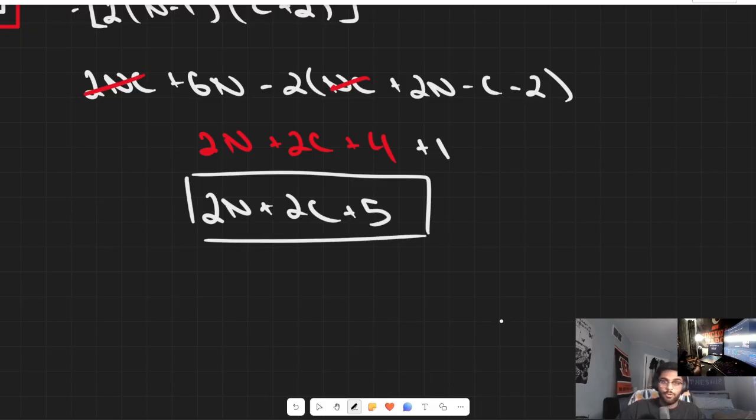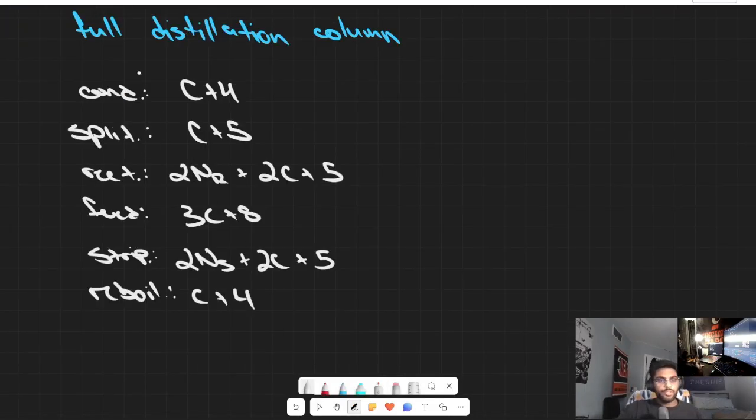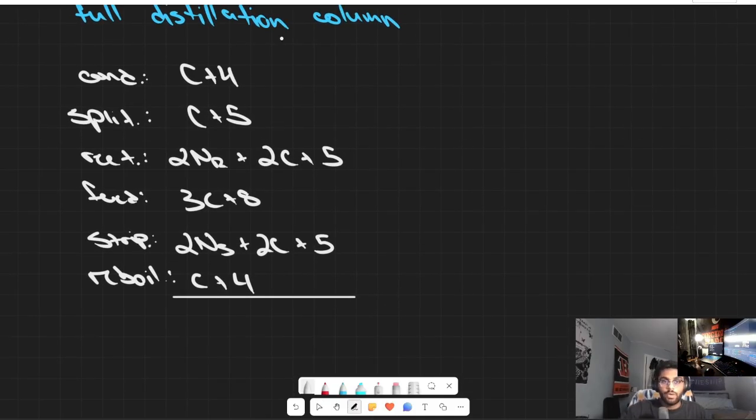So these are all of the degrees of freedom that we've calculated, and I put them in order of our distillation column. And now, in order to find the overall degrees of freedom in our distillation column, we can go ahead and add up all of these together. So throughout all of these, we have 1C, 2C, that will be 4C, 7C, 9C, so 10C here, plus our rectifying and our stripping number of stages rather.